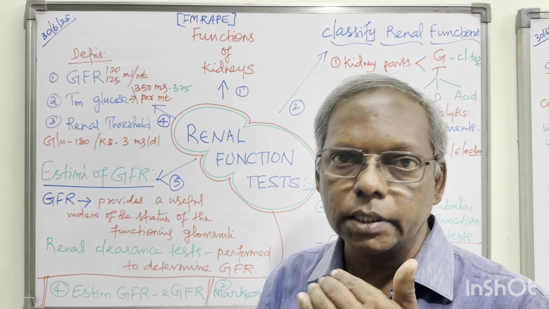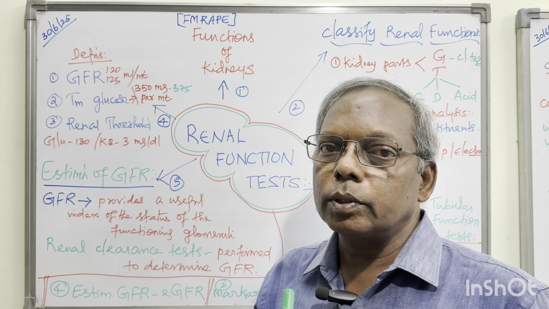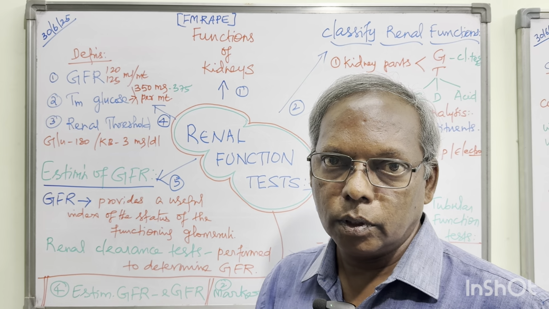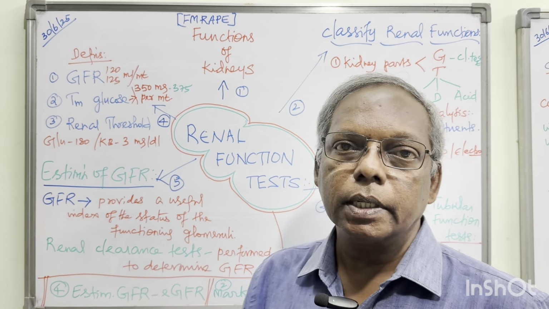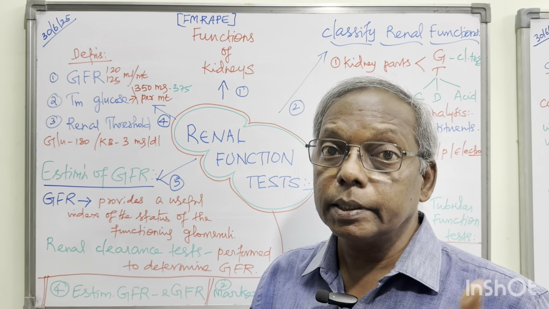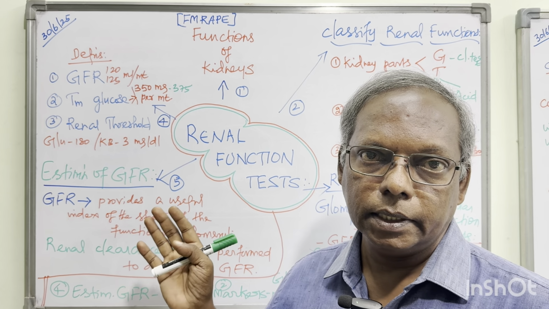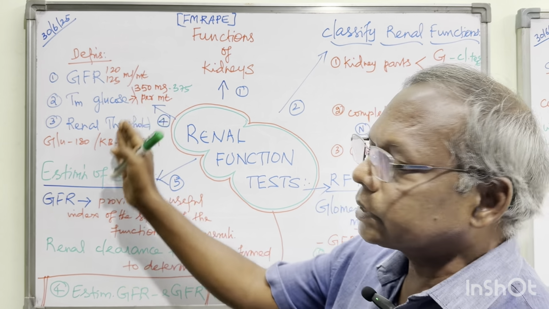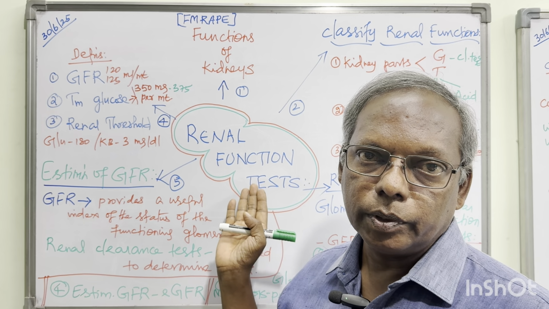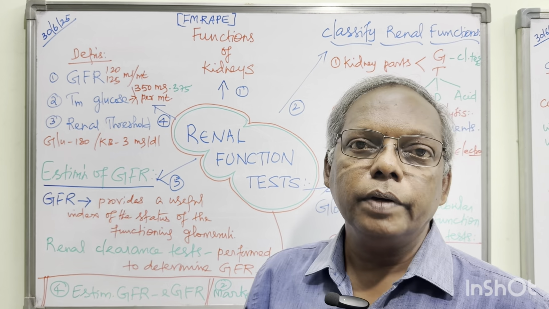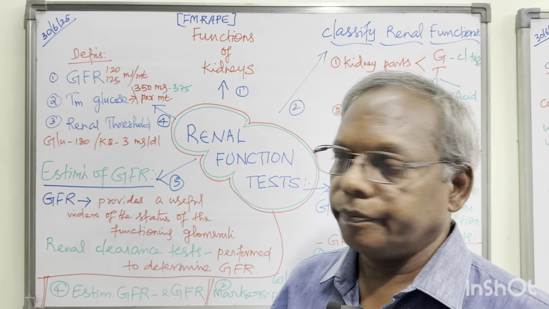Renal threshold means that only after 180 milligram will glucose get excreted in urine. After 3 milligram per deciliter in the blood, ketone bodies get excreted in urine, that is ketonuria. So these three are very, very important to describe your renal function test. Next one is, how will you estimate the GFR?